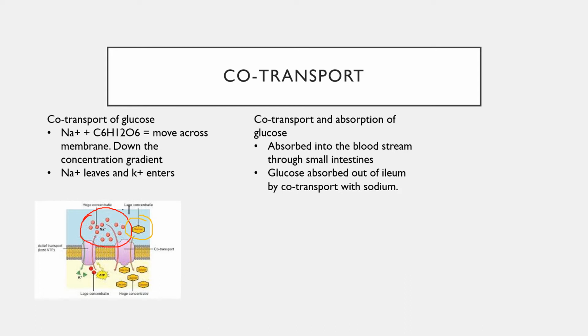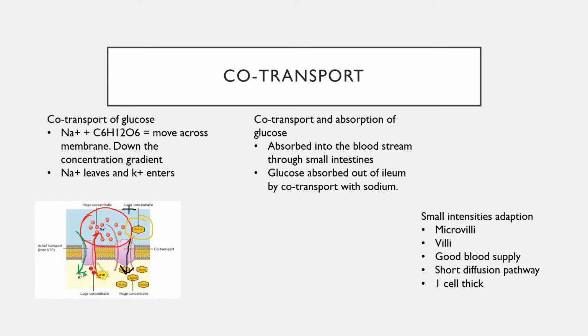Now, once this occurs, they move down the sodium's concentration gradient, and then because only the glucose is needed and we need sodium so this whole cycle can continue, potassium moves into the cell. As potassium moves into the cell, it causes the cell to become more positively charged. So it forces sodium back out of the cell so it can be reused again, so this whole process can continue.